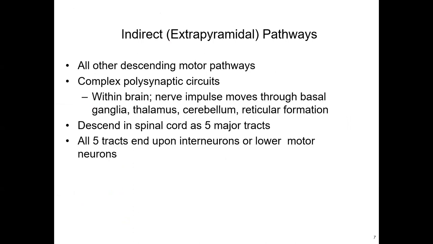And here's the other way to get nerve impulses to skeletal muscles, the indirect pathway. So the reason why we have this separate pathway is because we have automated movements in the body.